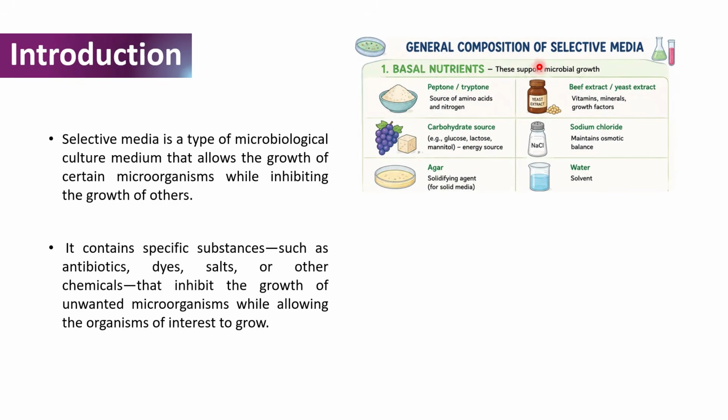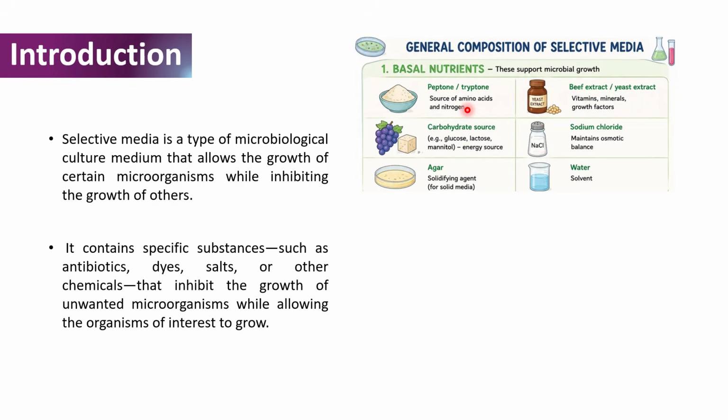The general composition of selective media. The first component of selective media is basal nutrients, and these nutrients support microbial growth. Examples of these basal nutrients are peptone and tryptone, which serve as a source of amino acids and nitrogen for the medium.